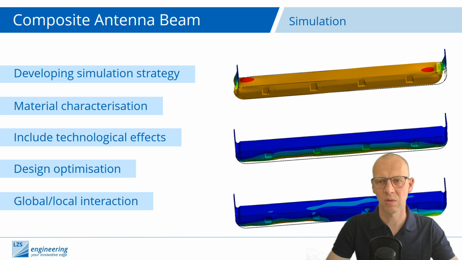So we included all the technology-related effects like locally differing fiber volume content, like draping effects, like fiber orientation limitation, etc. And we did in that stage the final design optimization, and especially in the interface areas, could do some kind of global-local interaction simulation to really identify the hotspots regarding strength on the part.